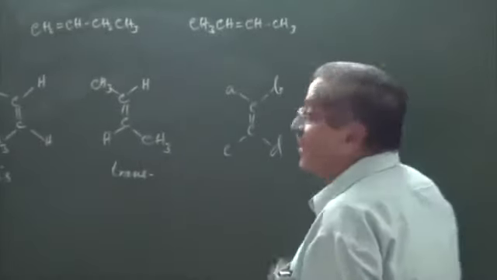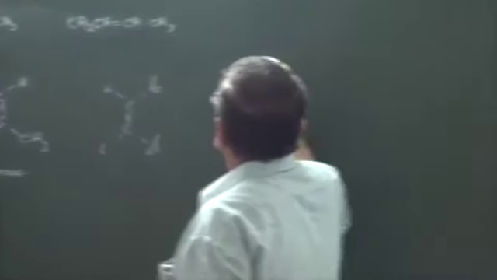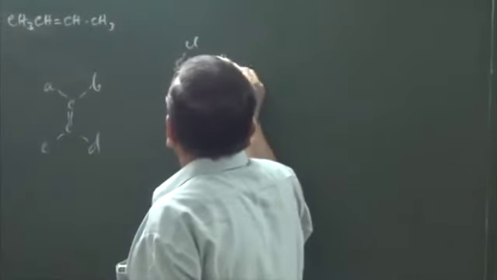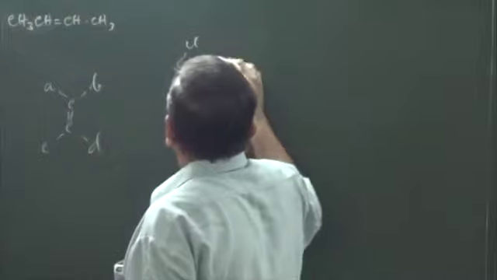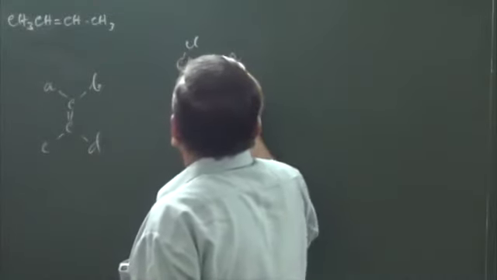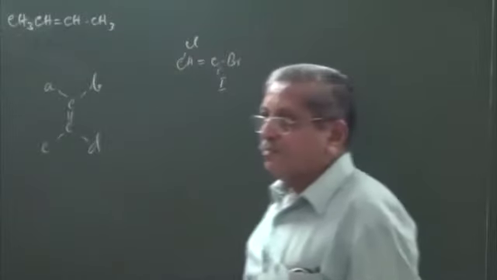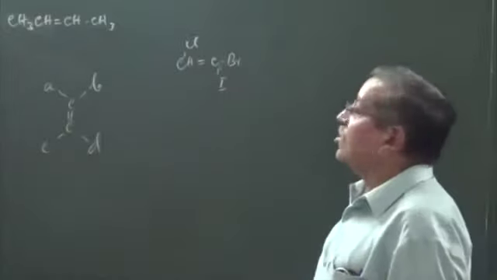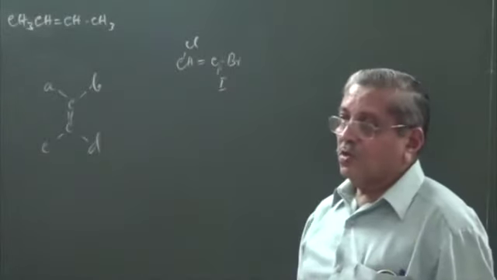I will give you another example. We have CHCl double bond CBrI. Can you predict whether it shows geometrical isomerism or not?